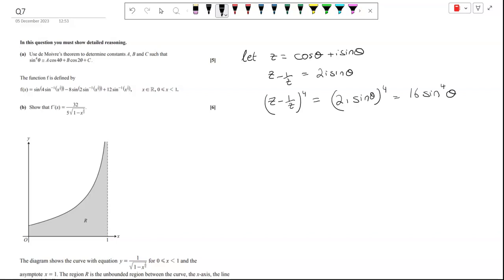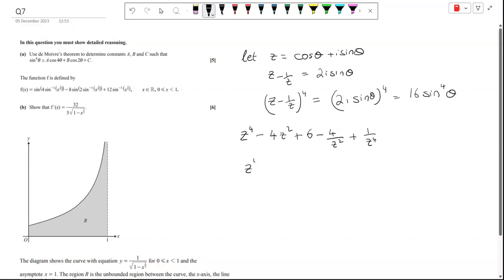And if I expand this bracket using binomial expansion, I'm going to get z to the 4 minus 4z squared plus 6, and it's just z to the 0, so it's plus 6, minus 4 over z squared plus 1 over z to the 4.